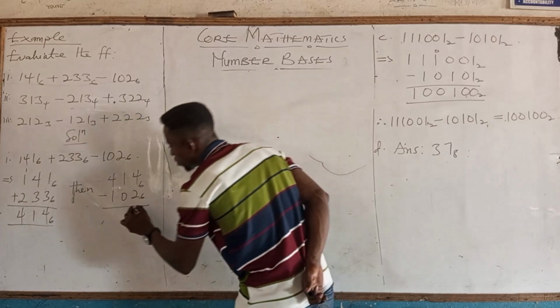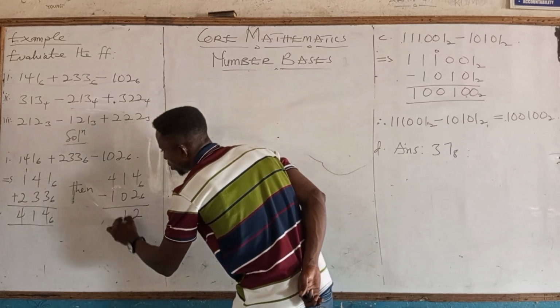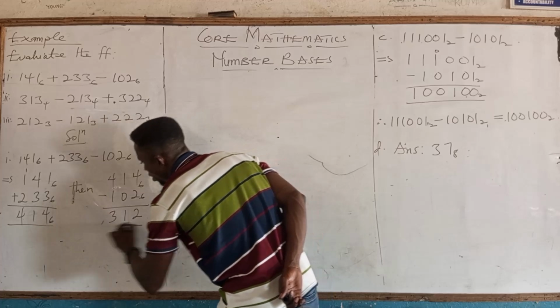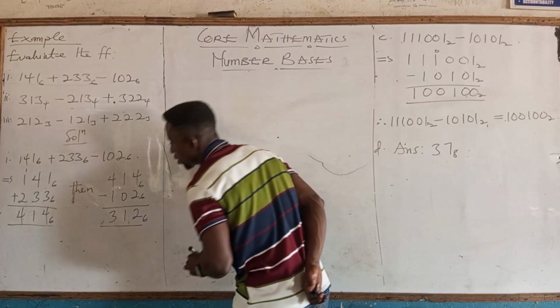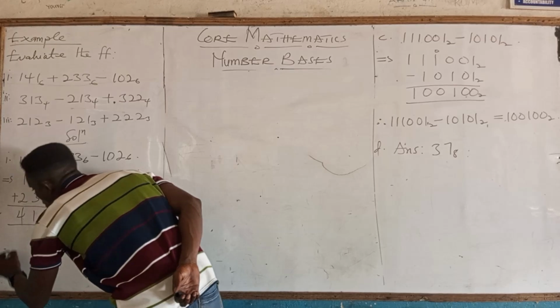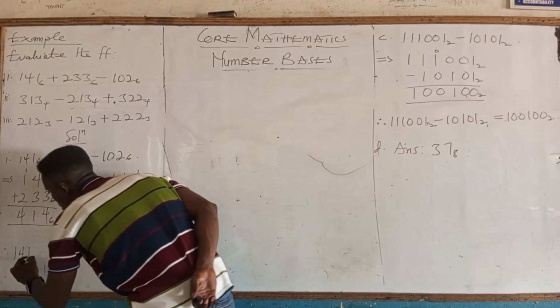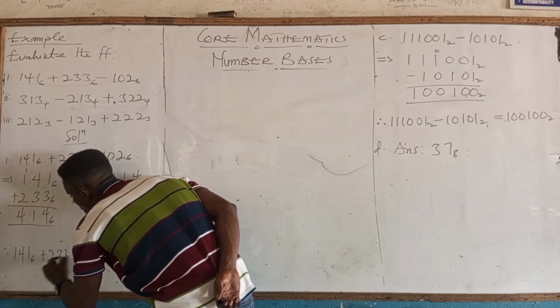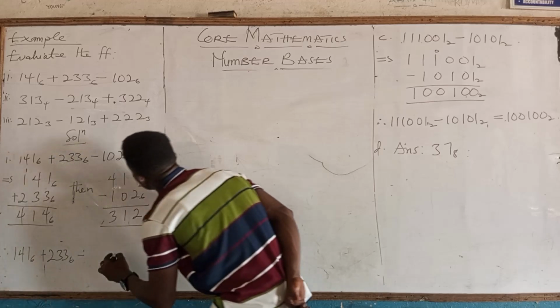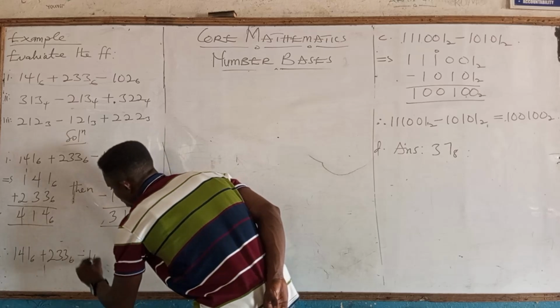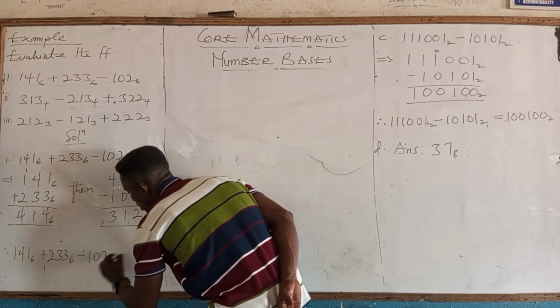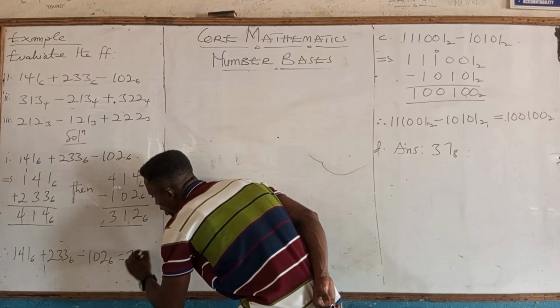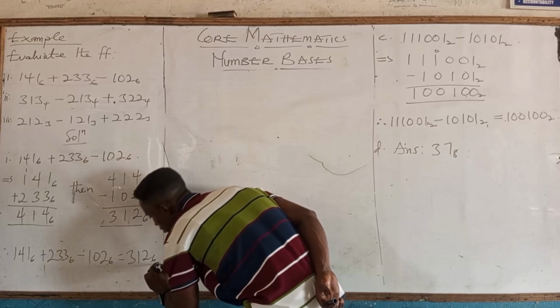So subtracting this will get you 2. This will get you 1. This will get you 3. Base 6. So I'll say therefore 141 base 6 plus 233 base 6 minus 102 base 6 is equal to 312 base 6.